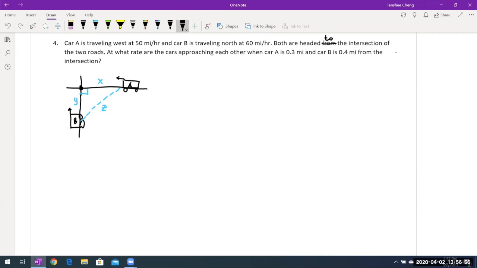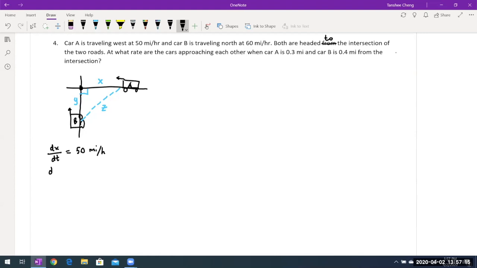Okay, so now, continuing putting in all the information, we know the rate of change in the horizontal direction, dx/dt, since this is a constant speed, is 50 miles per hour.